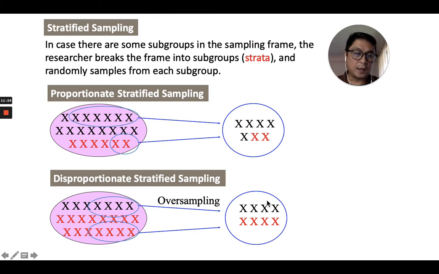In each group we can say that the members are relatively homogeneous, meaning they're the same. In the first group, all of them are males. In this group, all of them are females.